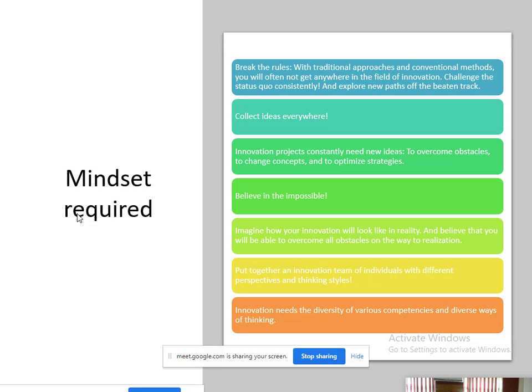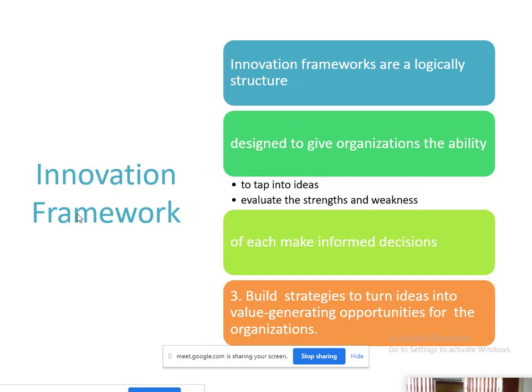And next is innovation needs the diversity of various competencies and diverse ways of thinking. Definitely, we should not go in a straight way. We must have diverse ideas, and another way to compete with other organizations or other companies.